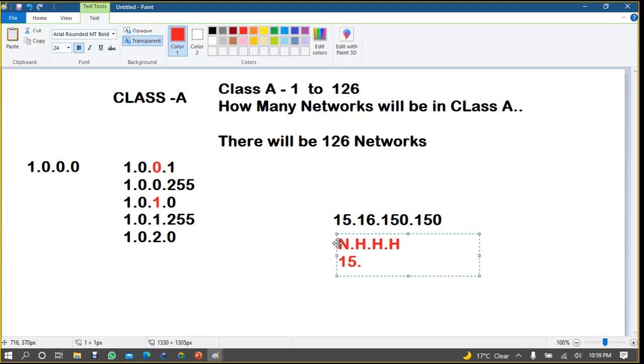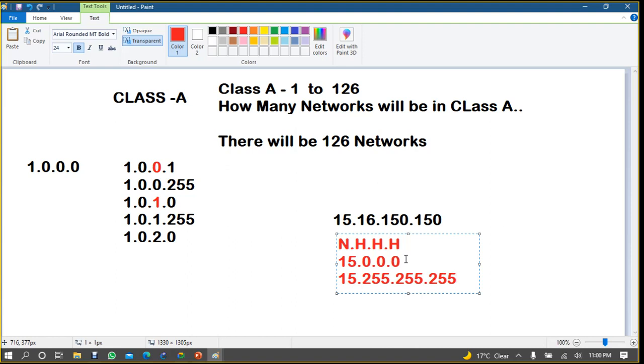It will be 15, whatever. Now, if I'm talking about network ID, network IP, the host will be 0.0.0. But 15 will never change, and if I am talking about broadcast ID, that 0 will be converted to 255.